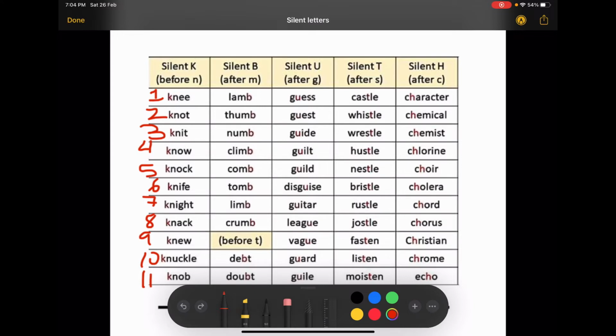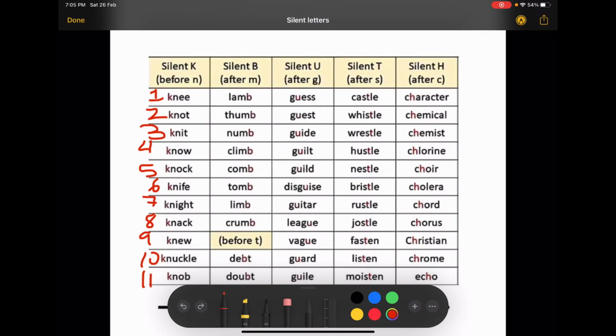And the third word we have is numb. I'm going to tell you what the word numb means, but before I tell you, you pronounce it as 'num' because the B is silent. Numb as an adjective means a part of your body feels deprived of the power of physical sensation.